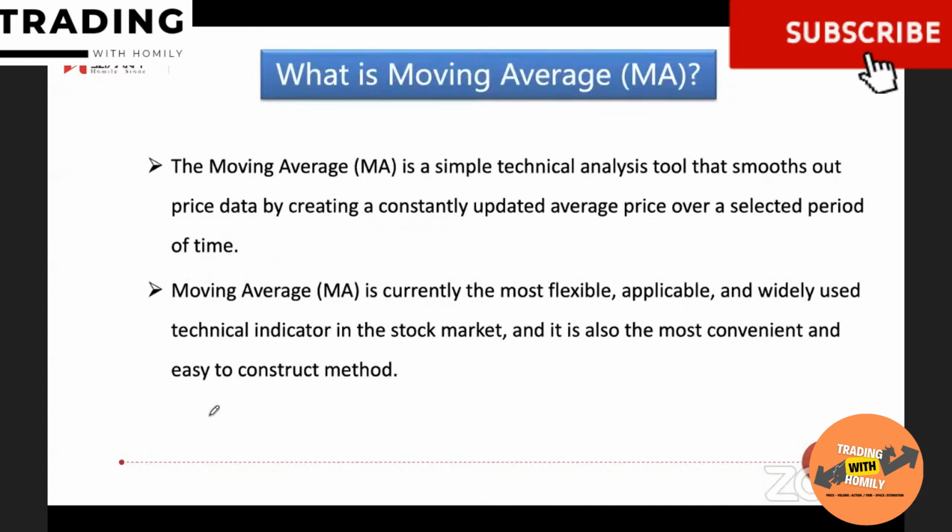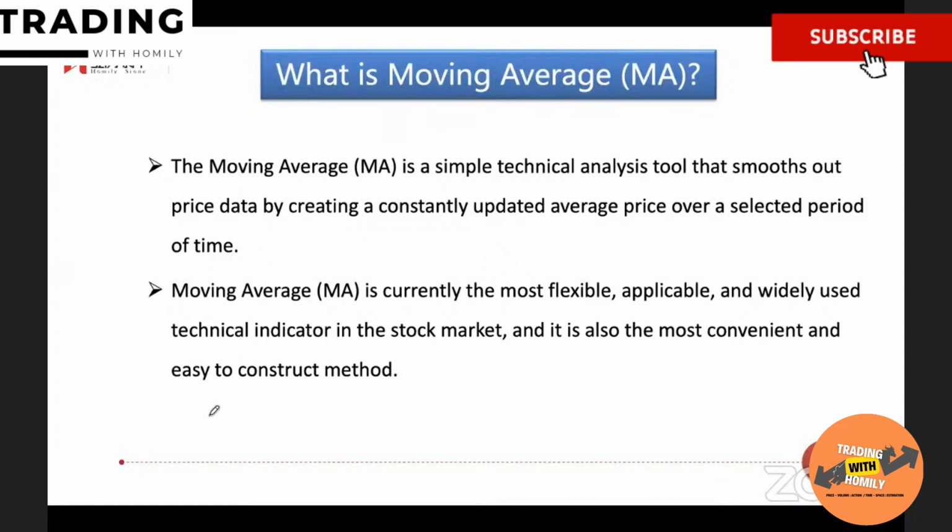Everyone knows what moving average is, but my question is, when you learn moving average, more often than not it's exactly how I started out on technical analysis, where we look so much into detail: the death cross, the golden cross, the bullish crossover, the bearish crossover, the double crossover method, the triple crossover method.